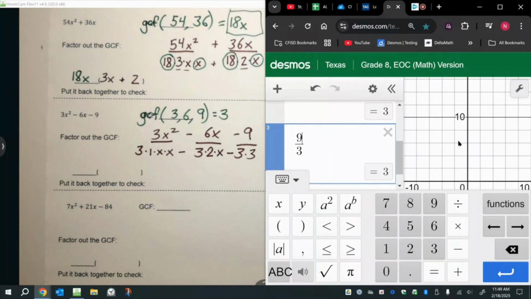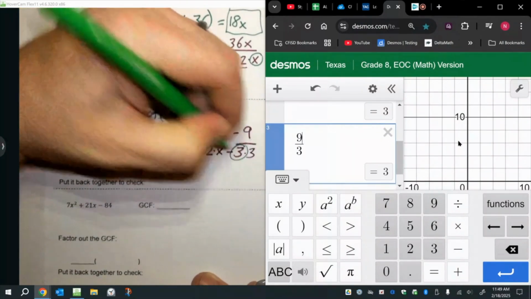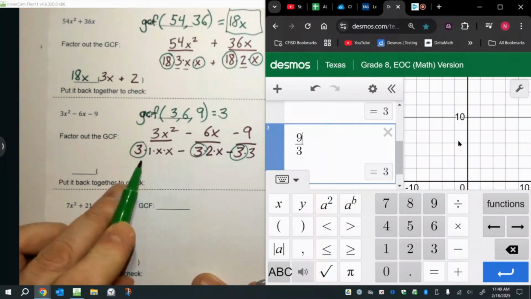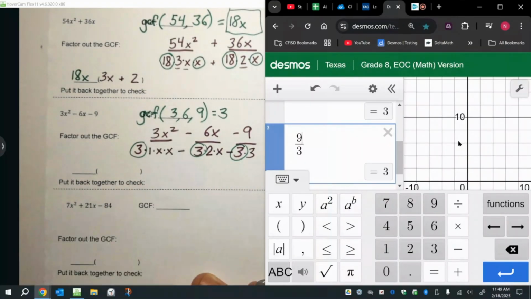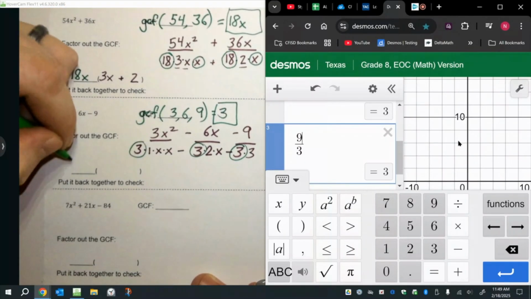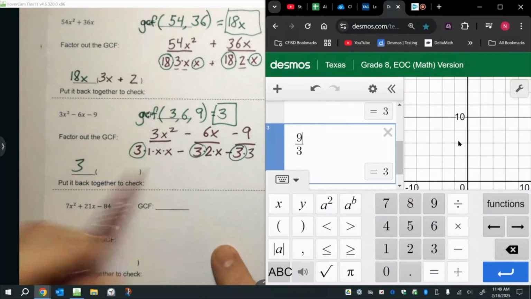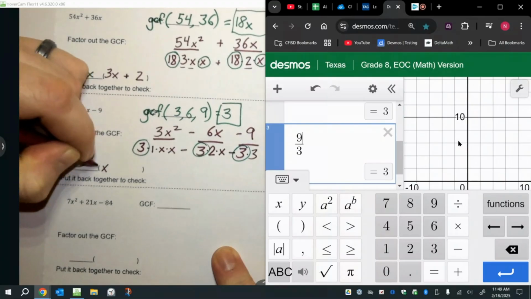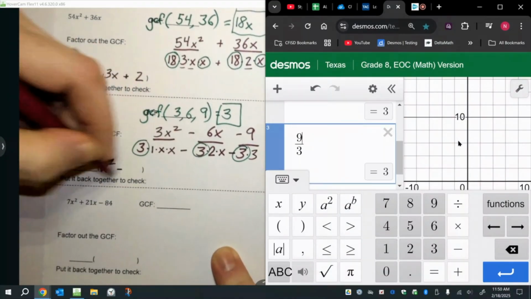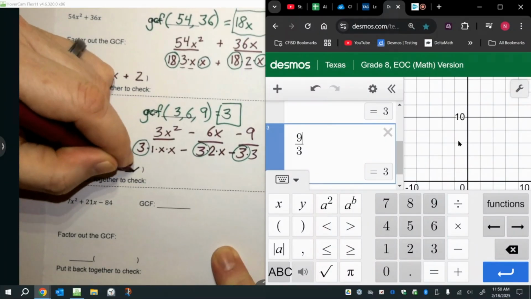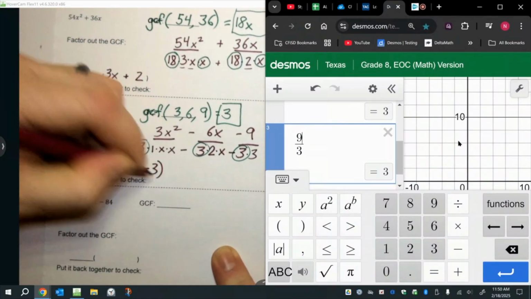So what is the same? 3. Do they have anything else that's the same? That has x's. That has an x. That does not have an x. So 3 is my GCF. And I would write it this way: 1x squared minus 2x minus 3.